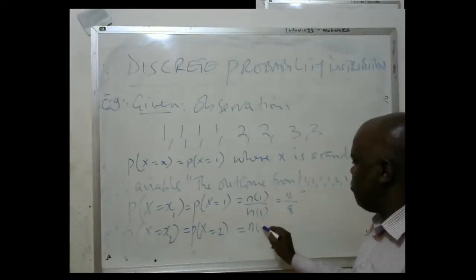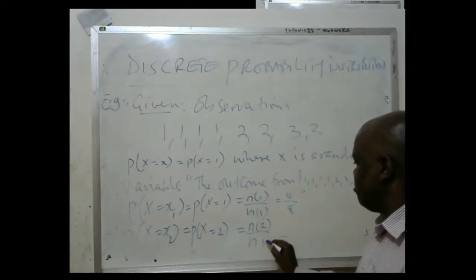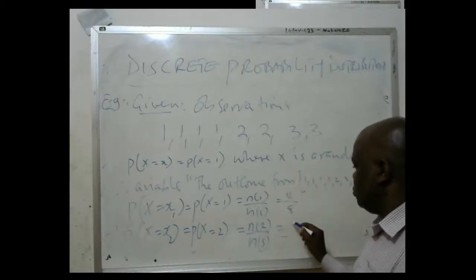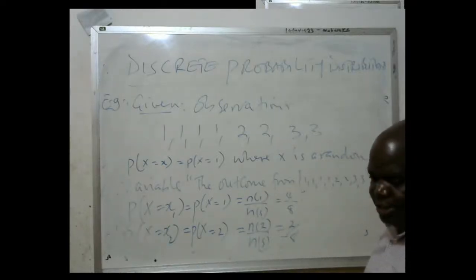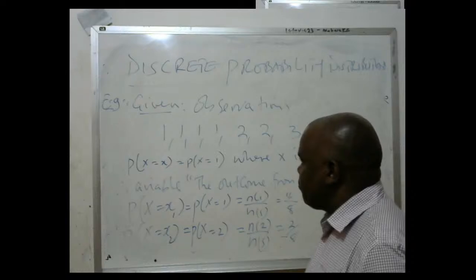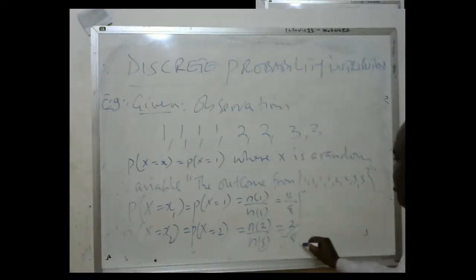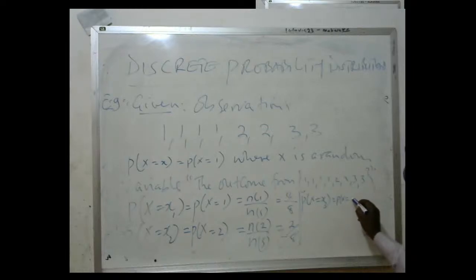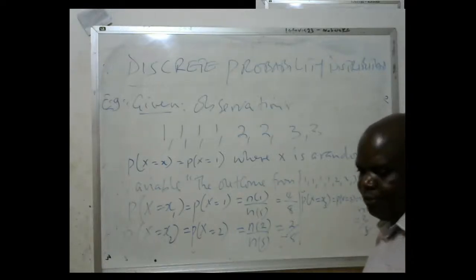It will be the number of those 2s over the number of elements in the sample space. How many are there? These ones are 2. So 2 out of 8. Similarly, the possibility of getting the third observation, the probability of getting the 3, shall be equal to the number of those 3s over the number of elements in the sample space, which is also 2 out of 8.